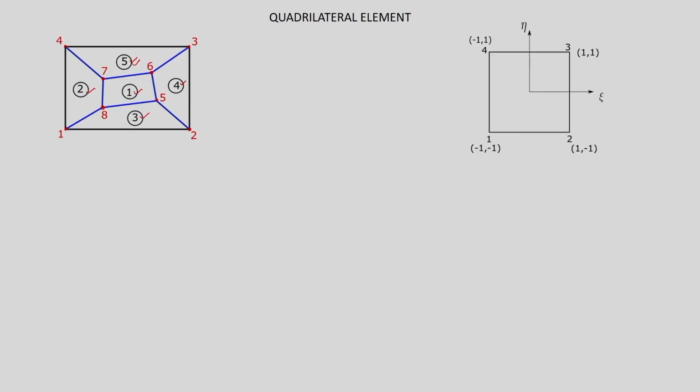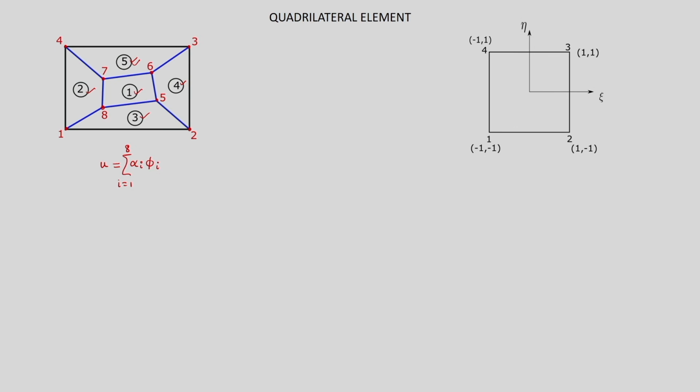In another way, corresponding to each node we have one phi i that is non-zero, so we have a total of 8 phi i's. To describe the unknown u, we will now use the sum of alpha i phi i, i goes from 1 to 8. Whereas in each element there are only 4 phi i's that are non-zero, in case of triangular elements we have seen there are 3 phi i's that are non-zero.